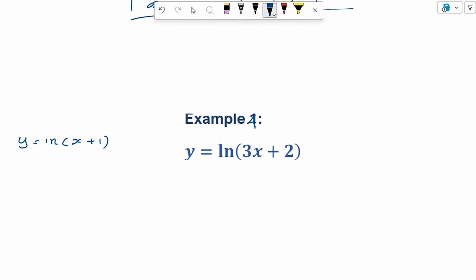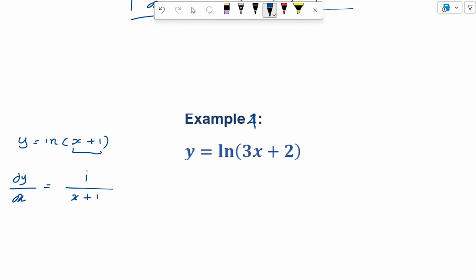We need to differentiate this, and there's only one way to differentiate ln. That would be dy over dx is equal to, simply bring this down and make it, that's going to be 1 over x plus 1. That's it. That's literally all you need to do.